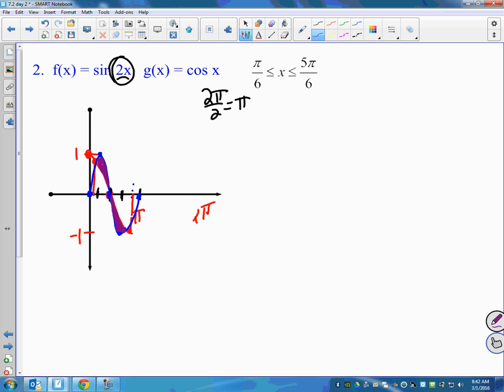My window I'm going to change to 5, 6, 5, 5, 6. And I'm going to change my scale to 5, 6 as well.